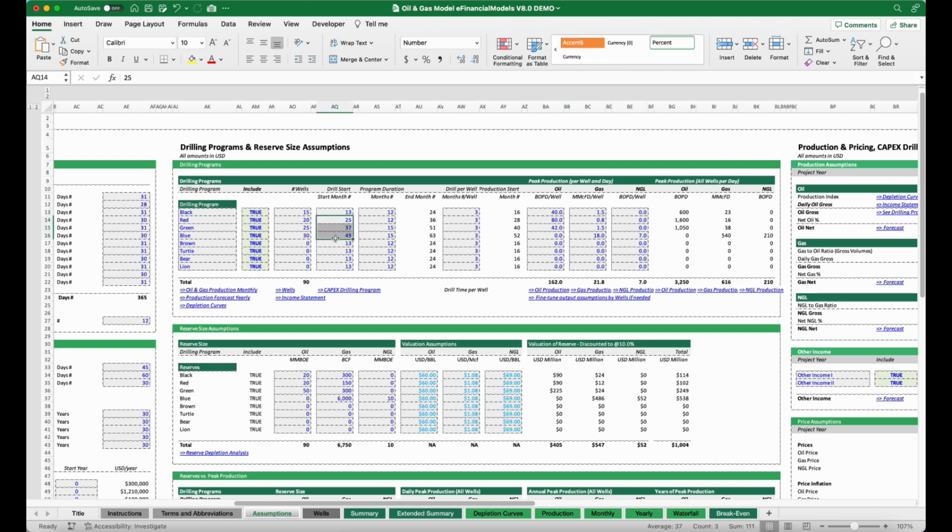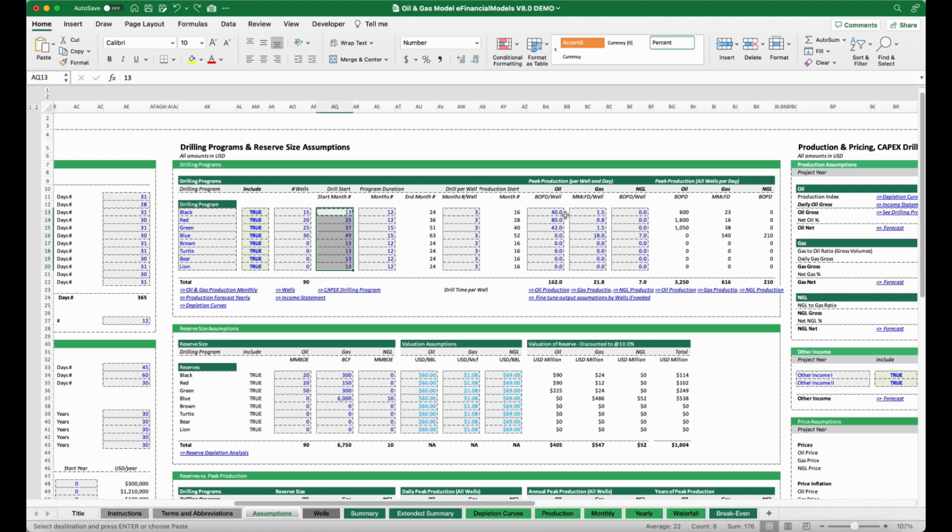That's why we have separated these drilling programs in this spreadsheet. If you don't want to do it, you can just set that you start all the drilling programs at the same time, you define how long it will take, and then the production will start all at the same time.